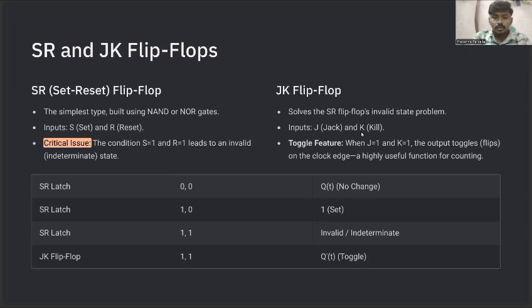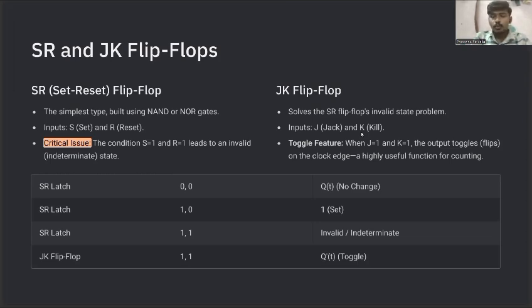Whenever J is 0 and K is 1, the output is reset. It means the zero condition. Whenever J is 1 and K equal to 0, this is the set condition. Set condition means 1.